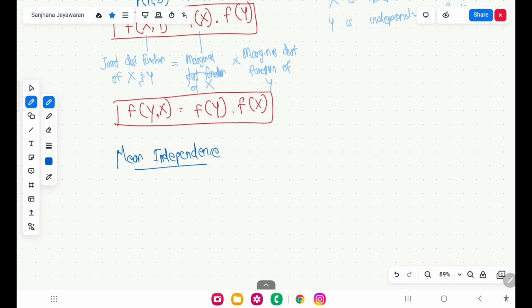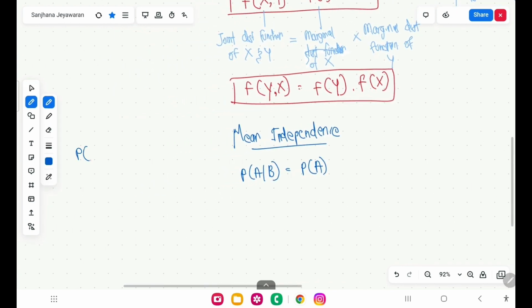Here we are also going to apply the same approach which we used in probability. When two sets were independent, we said that the probability of A given B is equal to the probability of A. How did we get this?